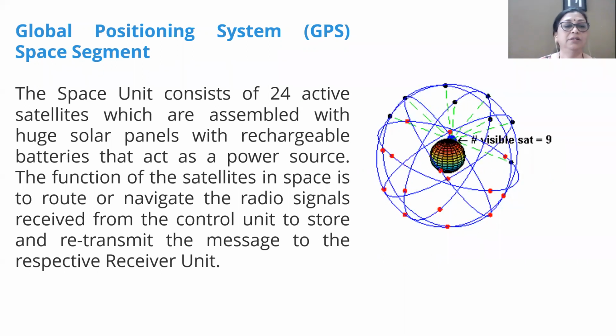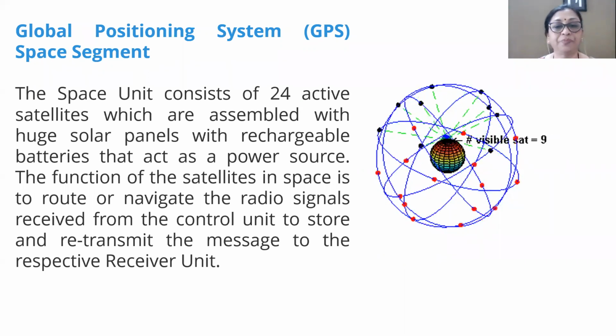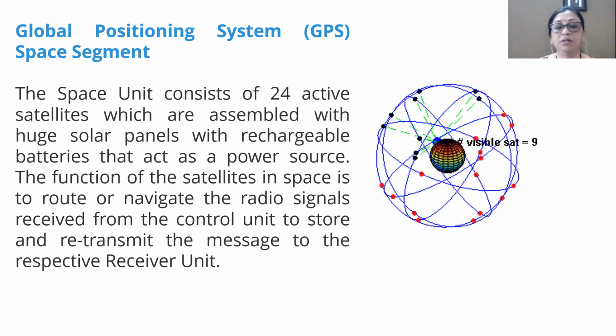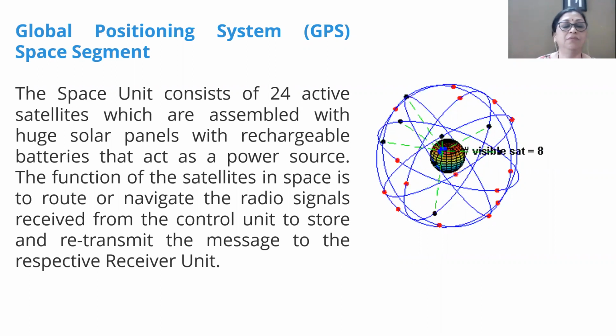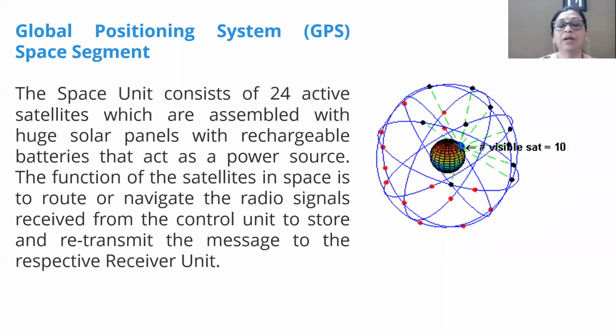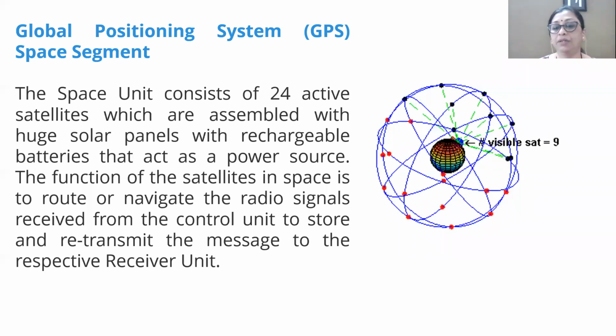Satellites in space send radio signals, and these radio signals are received back from the earth stations, and these are used for finding time accurately, and with the help of this time, a particular location is identified.